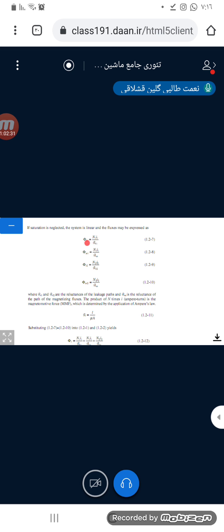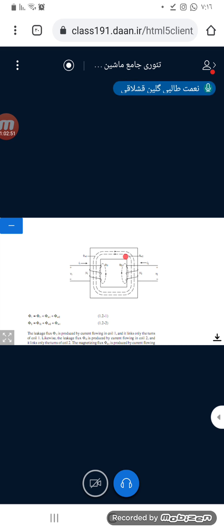So we can define the leakage flux as N1 I1 over the reluctance, with N1 I1 the magnetomotive force of circuit one over the reluctance of the magnetic path, because it flows through the magnetic material. Okay.